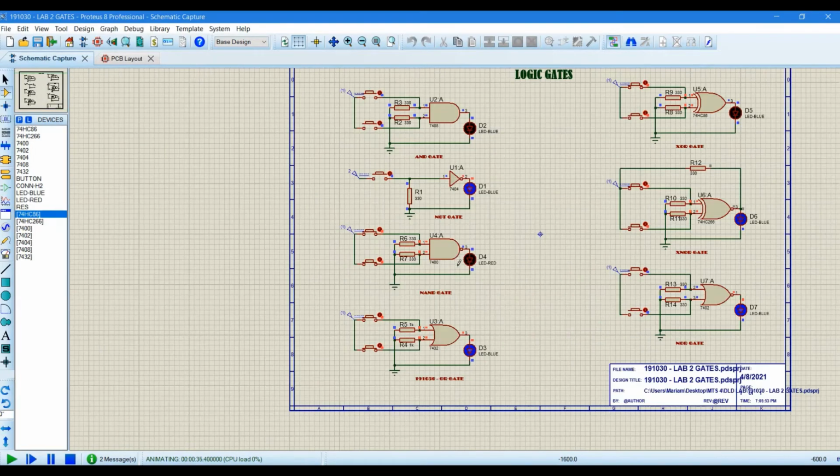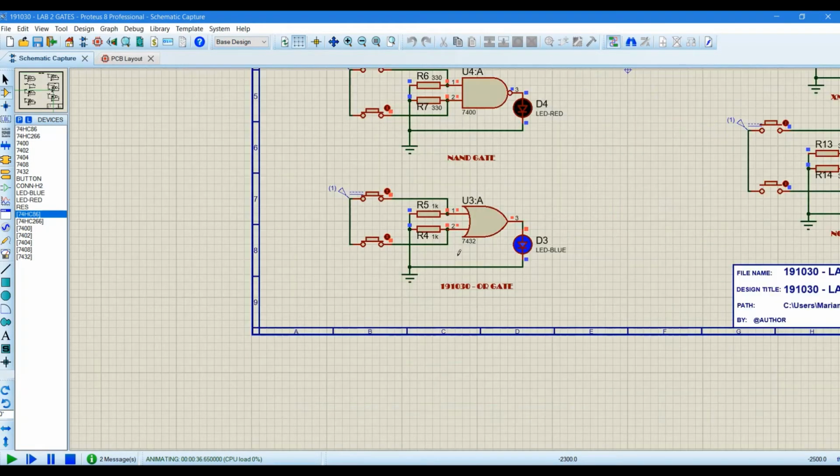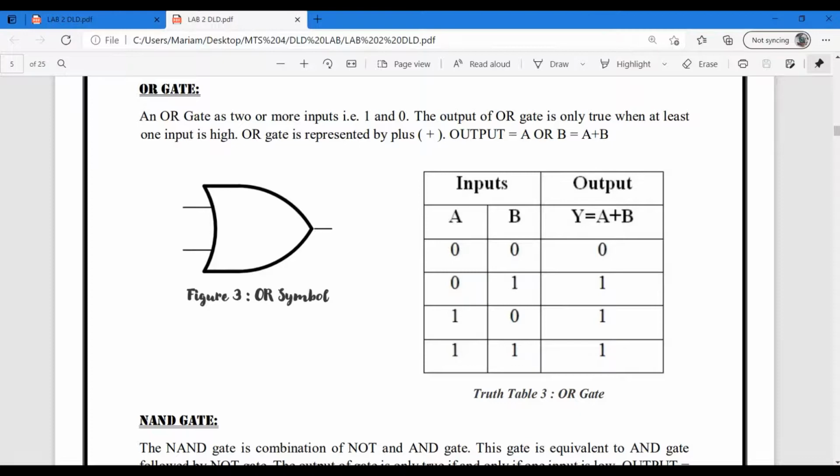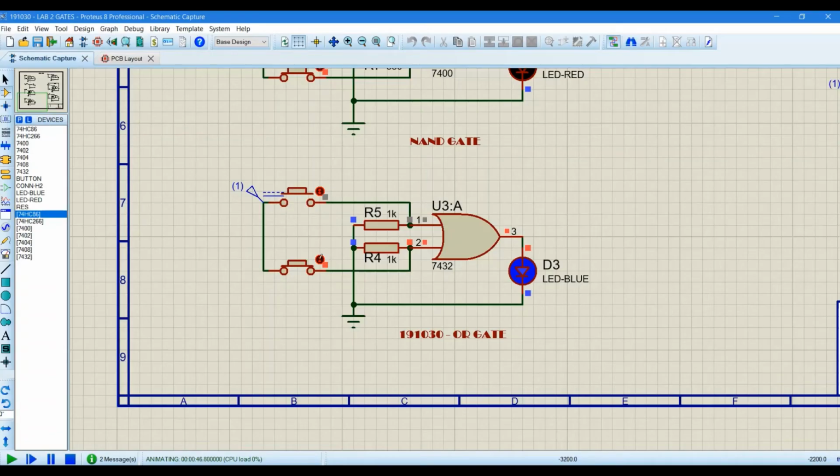Let's get into this gate's simulation. Here is shown both switches are on, so the LED is on. Let's make one switch off, but still the LED is on, as it is defined by its truth table. But when both are off, the LED is off.